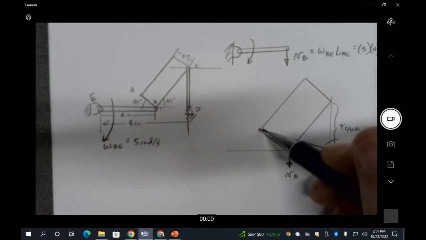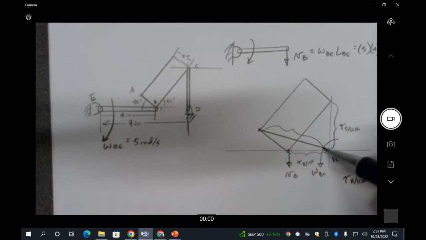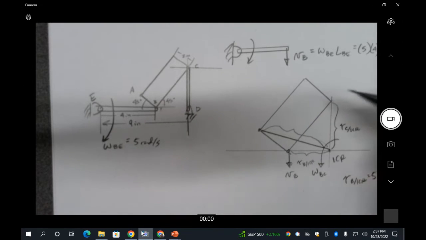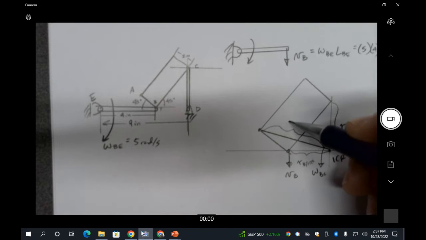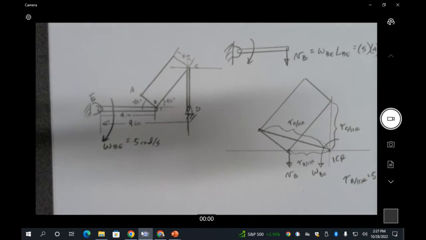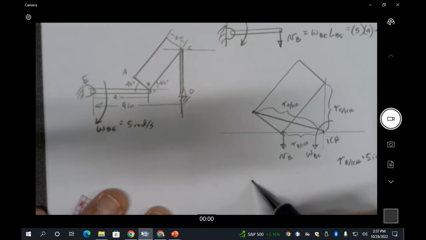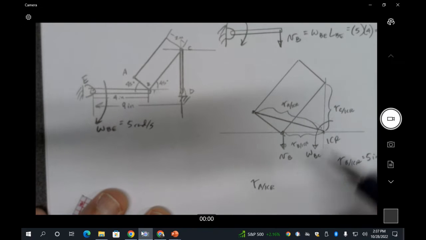So the real thing that we're going to want to get is this right here, which is going to be RA with respect to ICR.